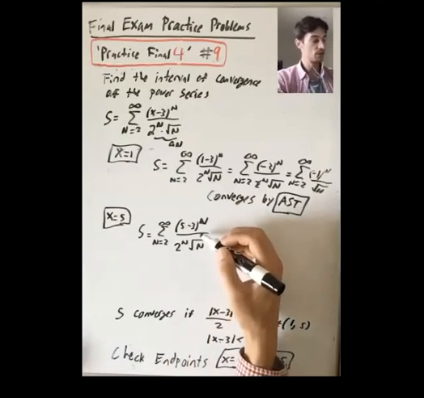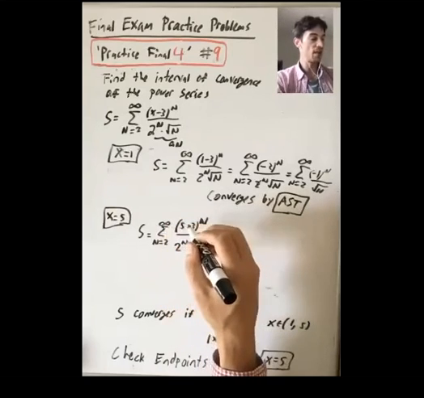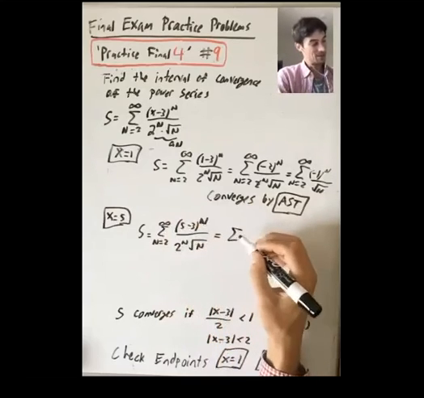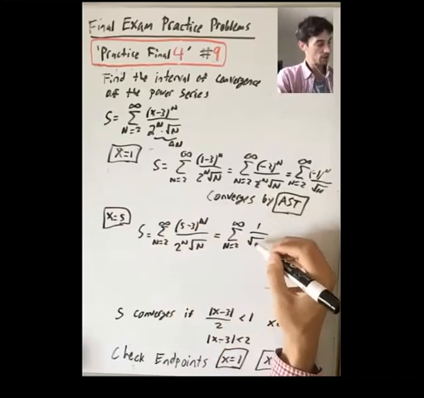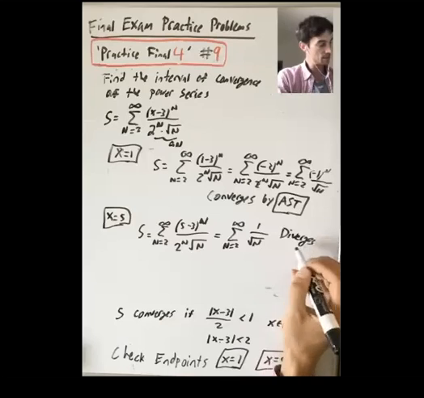What about when x equals 5? Well, we get S equals the sum from n equals 2 to infinity of (5 minus 3) to the n, that is 2 to the n, over 2 to the n times square root of n. So we get left with 1 over square root of n. And this, we know, diverges because this is a p-series with p equals 1/2.